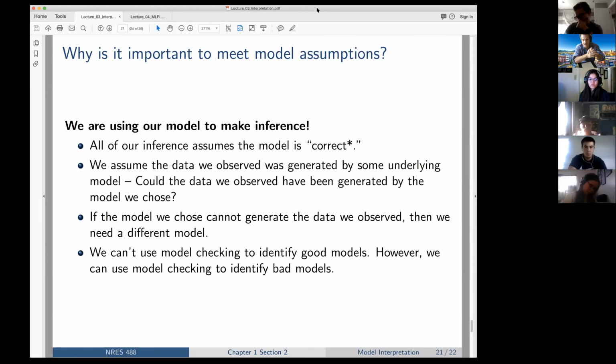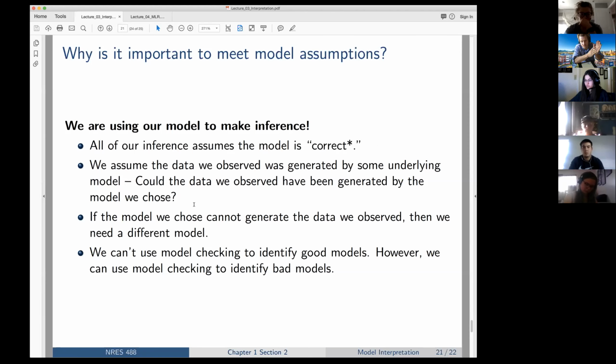And I put correct in quotes here because, as I mentioned in the lab, all models are wrong, but there are some that are useful, and we take that statement pretty seriously in wildlife ecology. So we want at least a useful model, but our inference does assume that the model is correct.